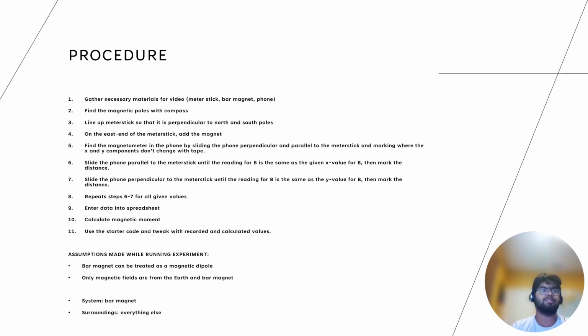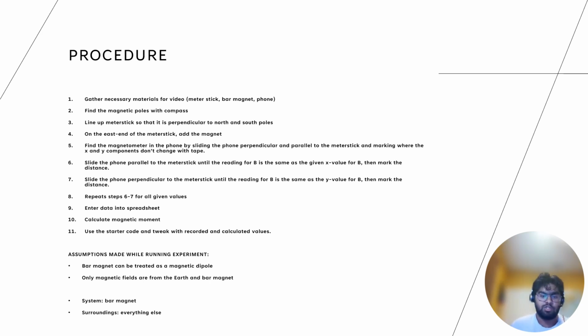So we used a compass and then lined up the meter stick so that it was perpendicular to the north and south poles, added the magnet on one end of it, and then we used a magnetometer on the phone to essentially measure our distances for where we found the readings for B that were given to us by the lab instructions, and then put it into a spreadsheet, calculated the magnetic moment, and then we used a starter code.